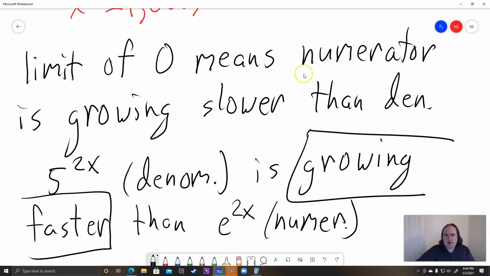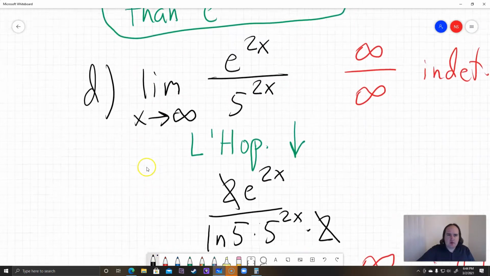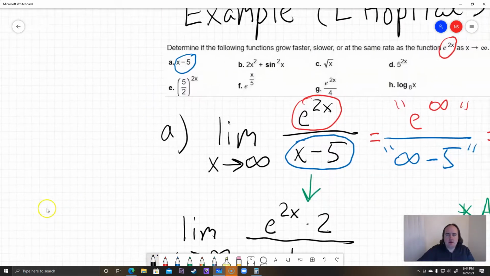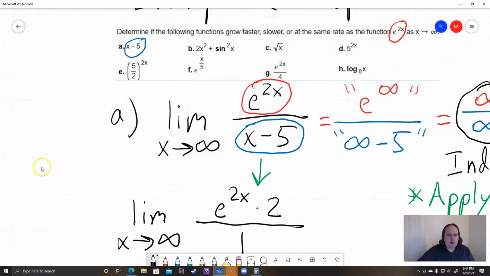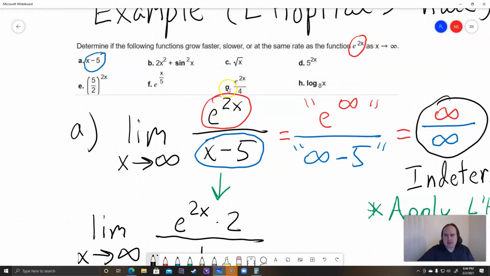Now I don't want to do all the types of problems on this discussion board. So we got through part D. I just wanted to do maybe one more. In particular, I wanted to do part G. I'll let you try to figure out the other ones in our discussion board.